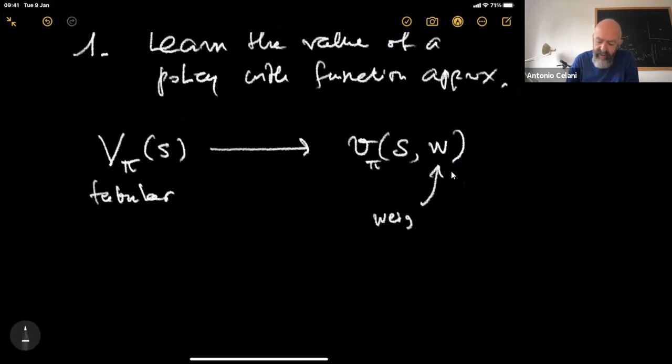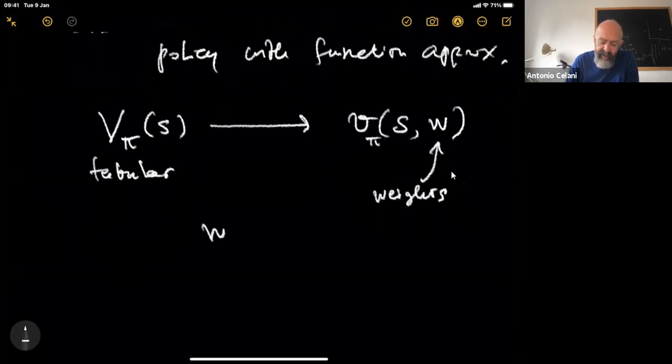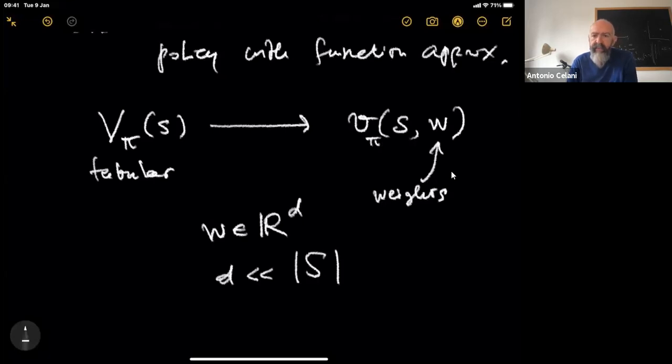We can call them weights. And these weights belong to some, say, d-dimensional space, where the dimension of these weights we would like to be, for instance, much smaller than the dimension of the state space. So this is a low-dimensional description of our value function.